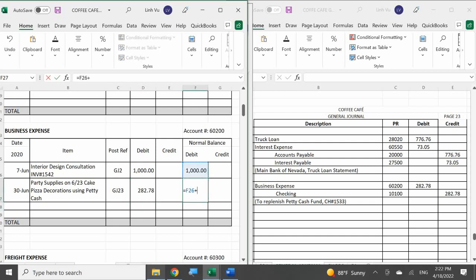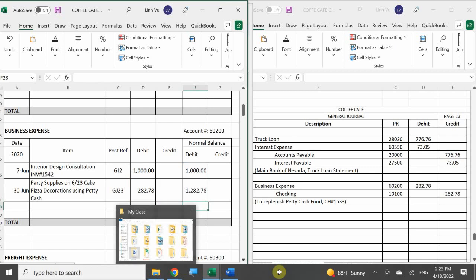So therefore, how much should be my total expenses now for business expense? $1,282.78.